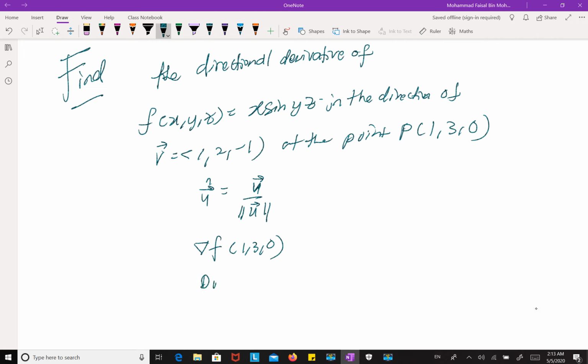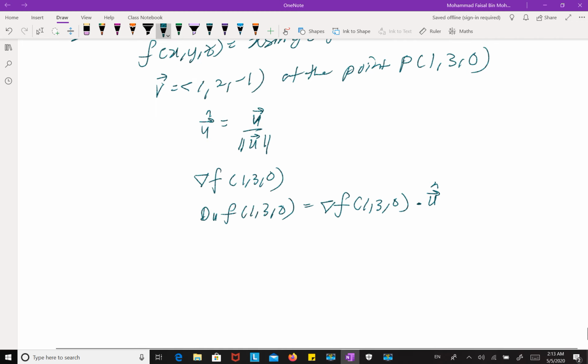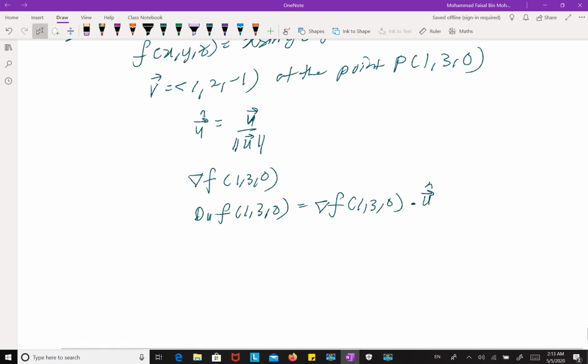Then you have to find the directional derivative at (1,3,0). That is gradient f at (1,3,0) dot the unit vector. Okay, we will do it.